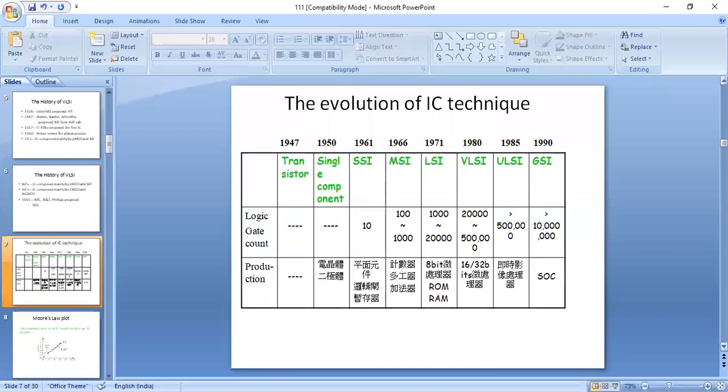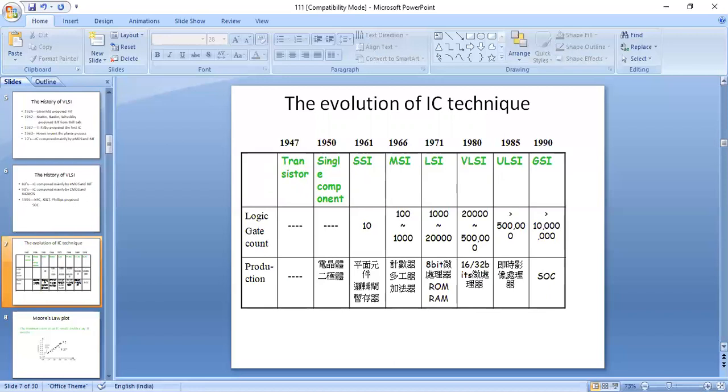So here the IC is meant for some application point of view, like analog to digital converter IC, or digital to analog converter IC, DAC. These are examples under large scale integration.